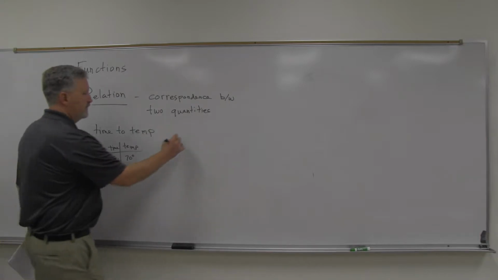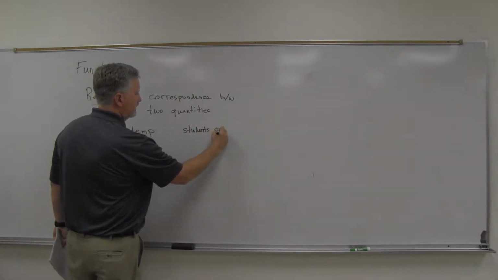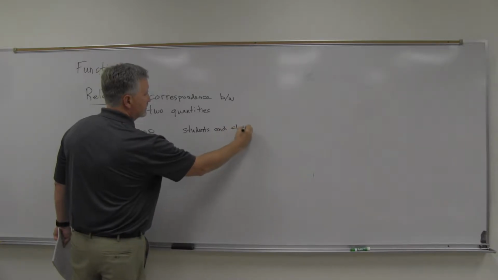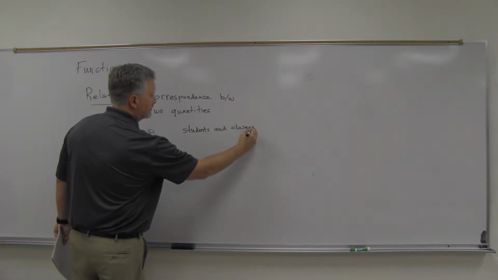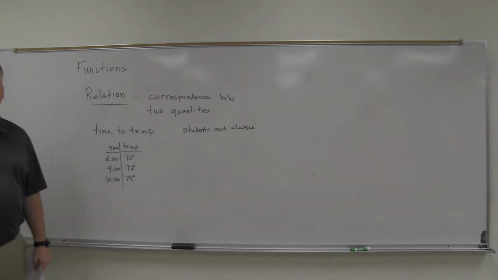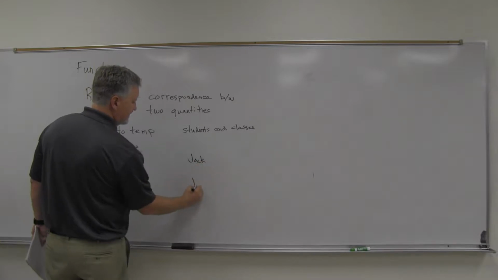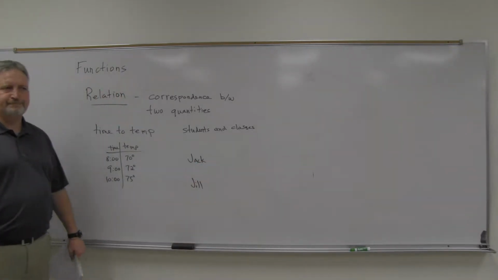We could have a relation between students and their classes. Let's say we got Jack and Jill here. And this is called a mapping.